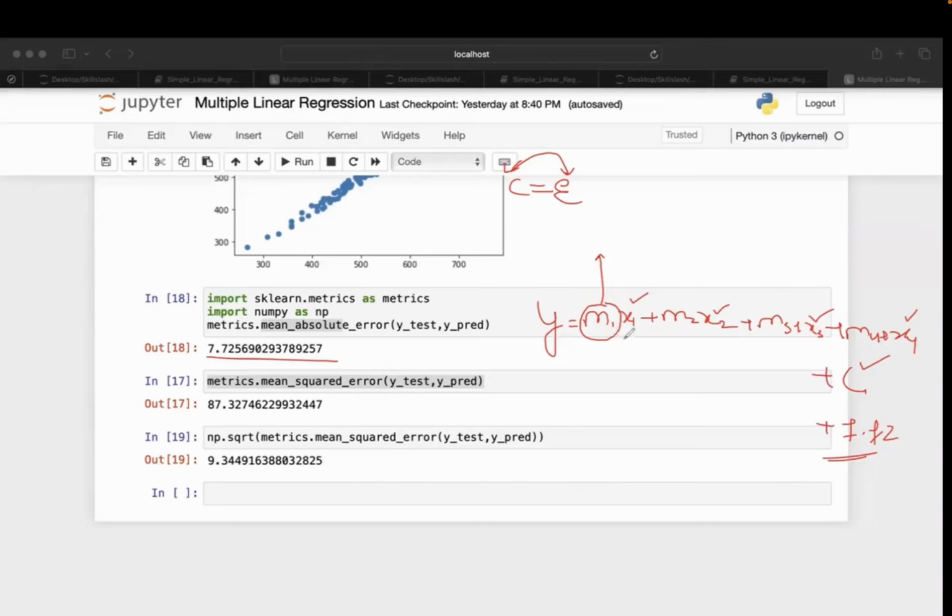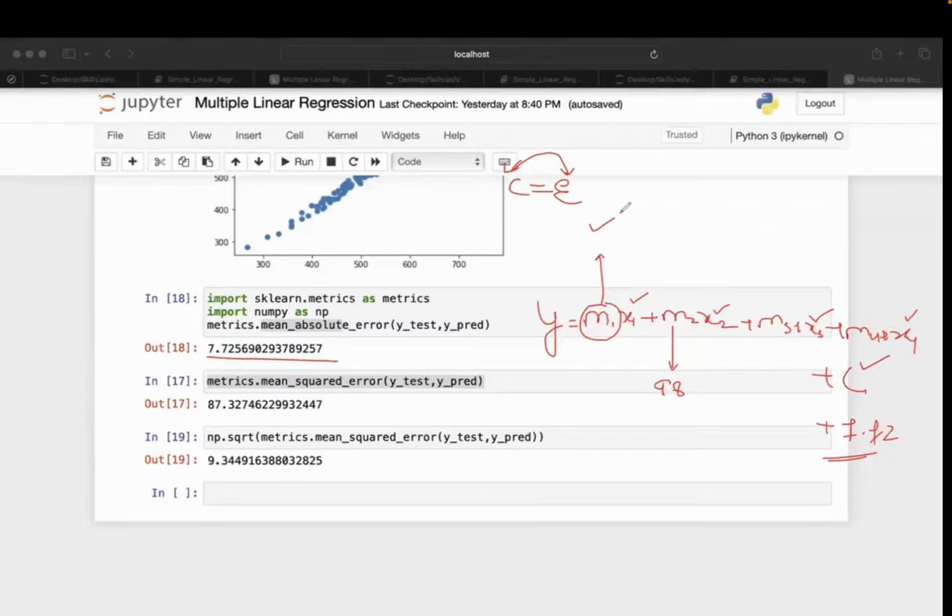Making sense? So the higher the importance, the higher the coefficient value. Let's say you are getting a coefficient value of 100 here, and here you are getting 98. Which one are you going to give more importance? This one.